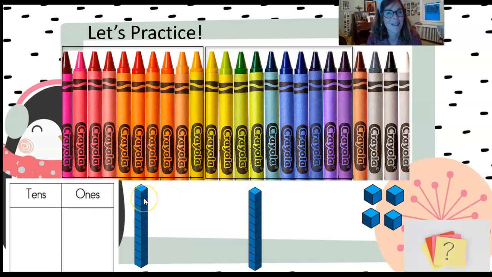So we can count by tens. Remember, you're really good at that. 10, 20, 21, 22, 23, 24, and let's put it on our tens and ones chart over here. 2 tens and 4 ones. Or say that number, 24.